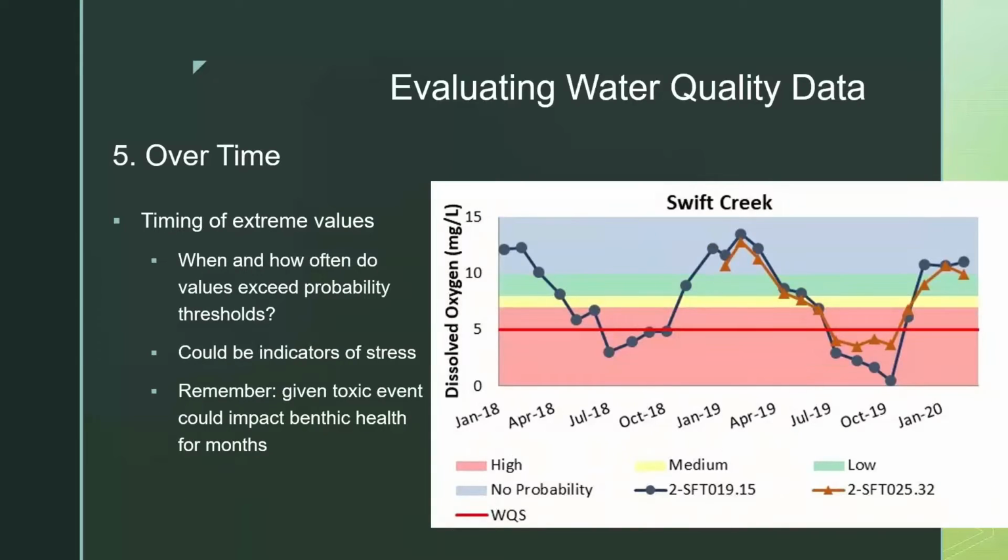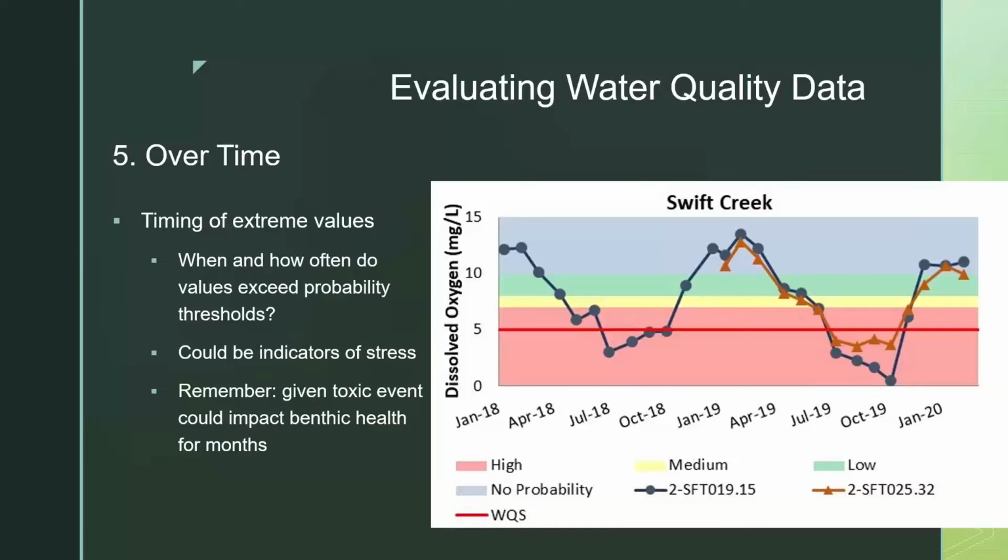We also want to look at the timing of extreme values. Okay, maybe it's one of those outliers, or in this case, here's a graph from Swift Creek in the James River tributaries TMDL that we're working on in Piedmont office. And in this particular stream, Swift Creek, dissolved oxygen gets very low. And when does that happen?